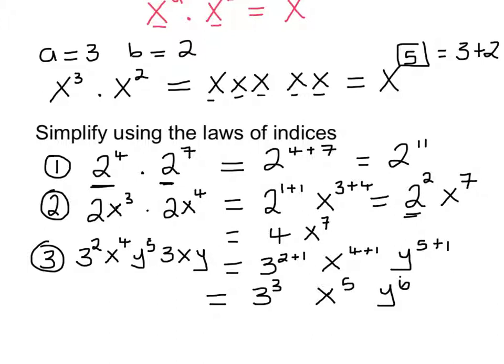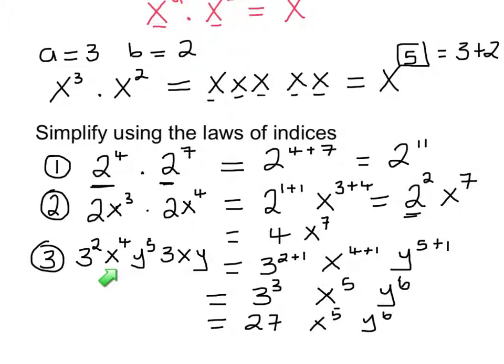Right? I can't bring any of these values together because I don't know the value for x, I don't know the value for y. I could work out 3 to the power of 3, 3 3s are 9, by 3 is 27 if I wanted to, but that's as far as I could go. So it's 27, x to the power of 5, y to the power of 6.